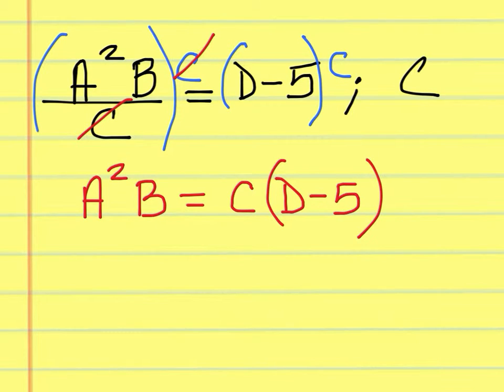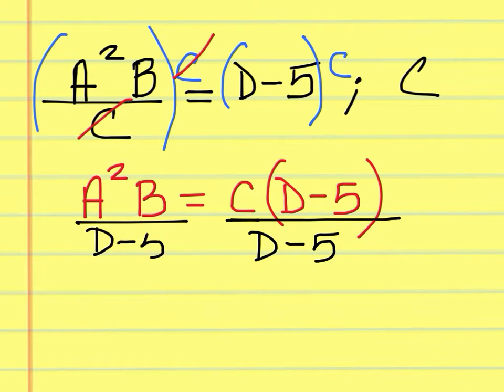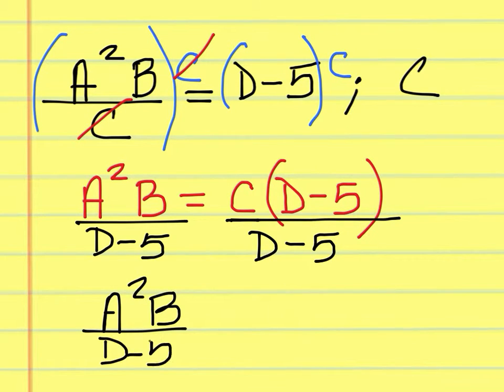Now to get the C by itself here, we're going to have to divide both sides by D minus 5. Doing that will leave us with A squared B over D minus 5 equals C, because these cancel out.